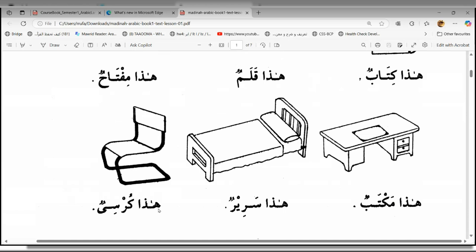This is the bed. So far, so good. We said the structure of a nominal sentence is we start with a definite noun followed by an indefinite noun. Hadha sarir.